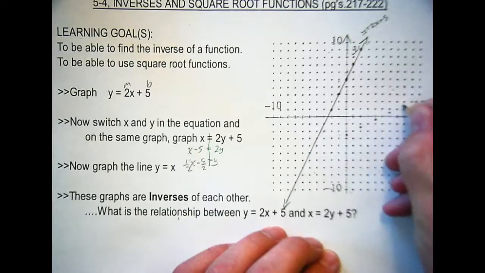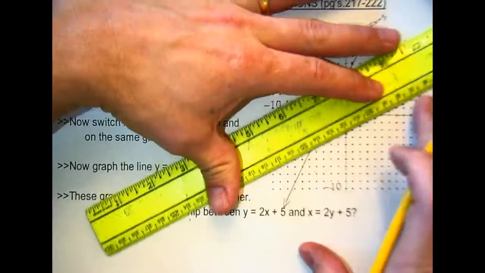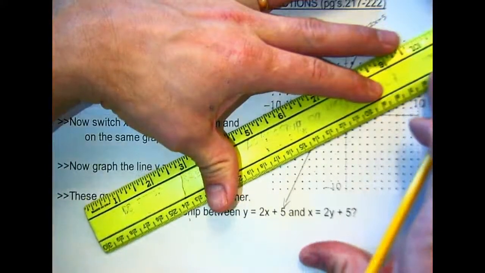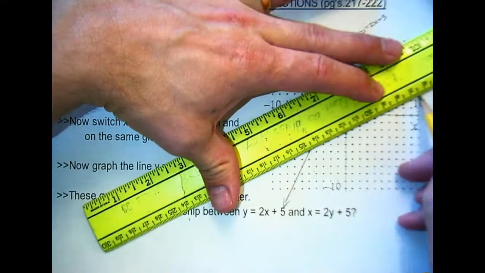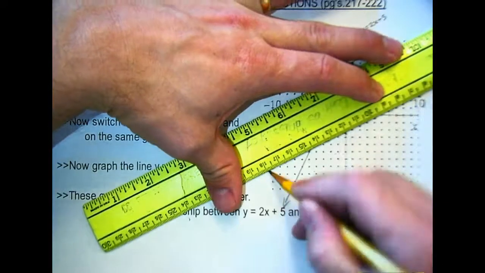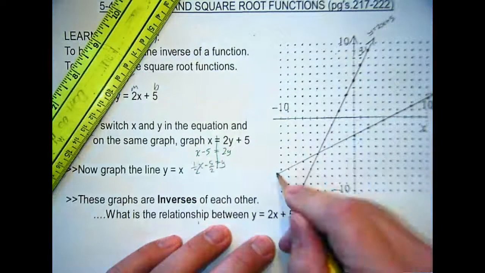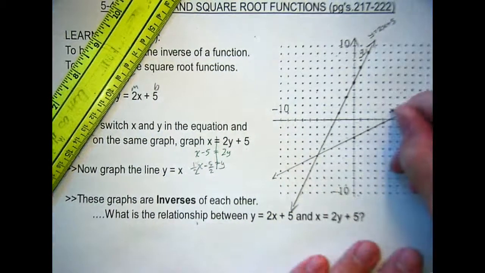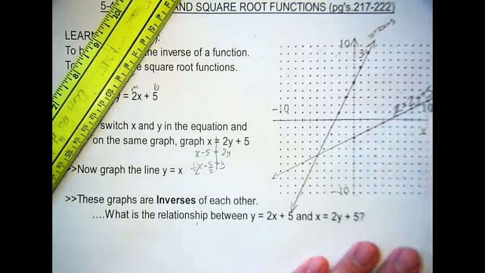Awful lot of dots. All right, we end up with something that looks like that there. All right, and that is x equals 2y plus 5.